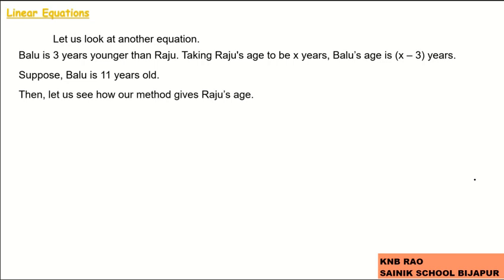Now, our method gives Raju's age. How will we solve this? We have Balu's age as x minus 3 and it is already given that it is 11. That means we have to equate x minus 3 to 11.